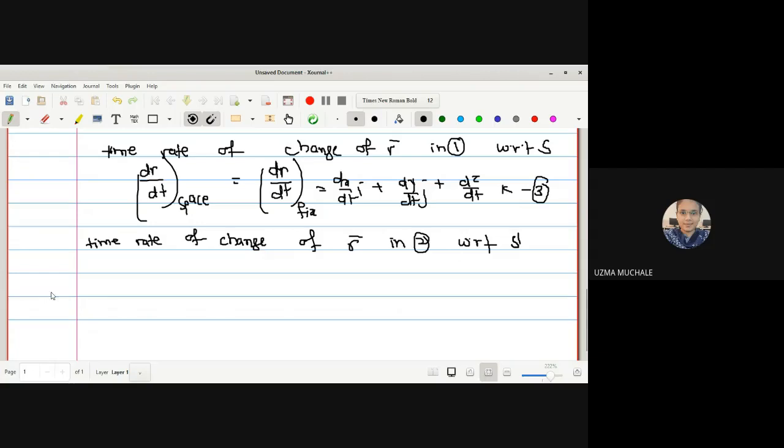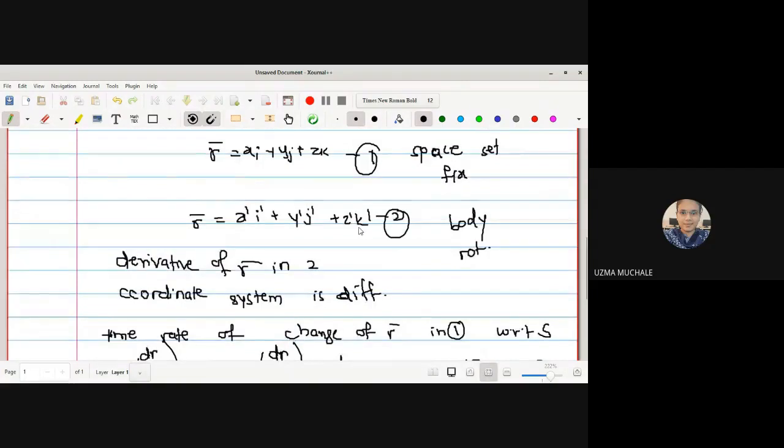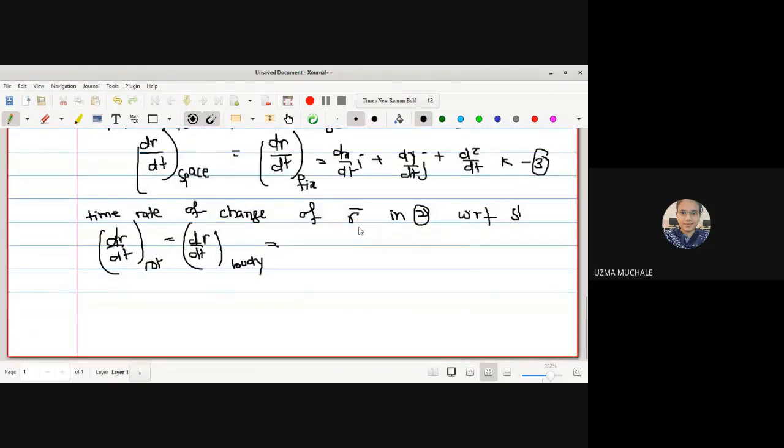We can write it as dr by dt rotational, equal to dr by dt in the body set of axes. As we are differentiating r bar, which is related to x dash, y dash, z dash in the body or rotational set of axes, i dash, j dash, k dash will be treated as constants, because they are in S dash itself.